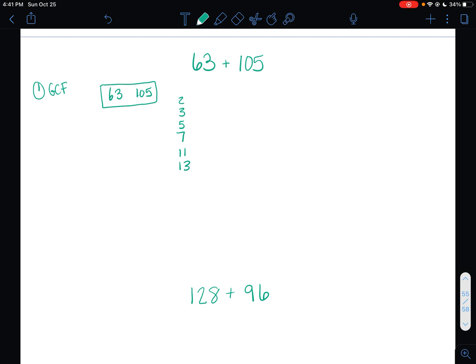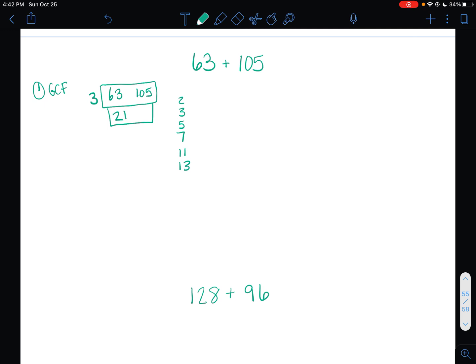I always write them just to help. I know 63 is not divisible by 2 because it's not even, so I'm not going to even try it. But 63 is divisible by 3, and I have to check if 105 is divisible by 3, which it is. Since they're both divisible by 3, I'm going to divide by 3.